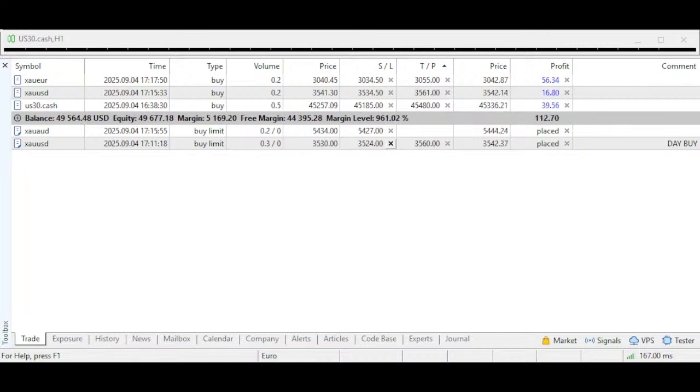Probably around 60, maybe 55 to 60. So we'll put it at 55, very conservative, 54, 55.